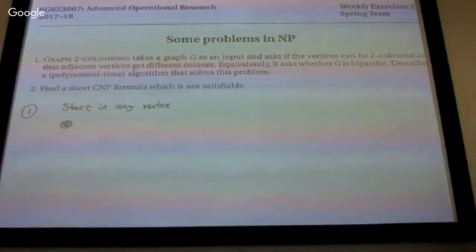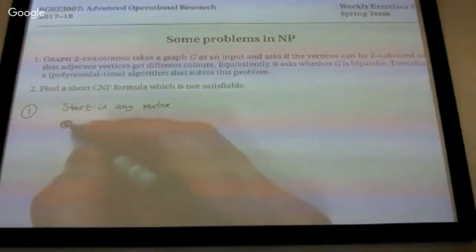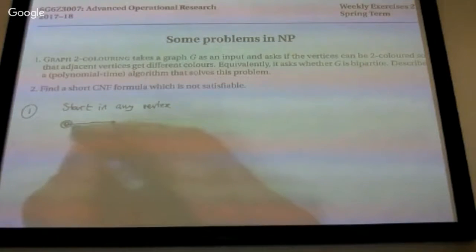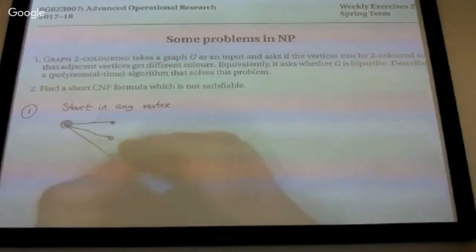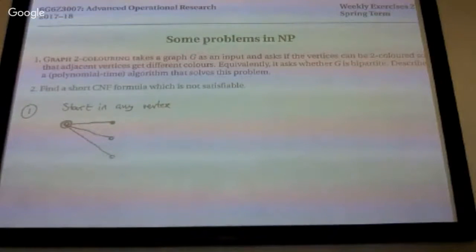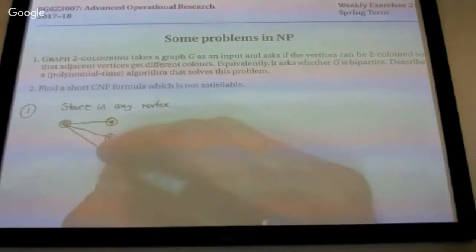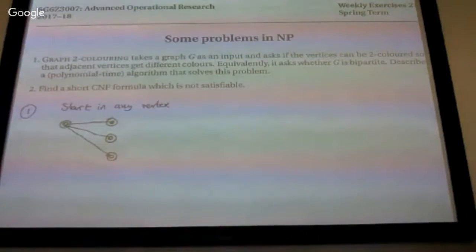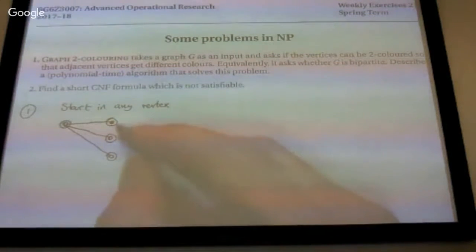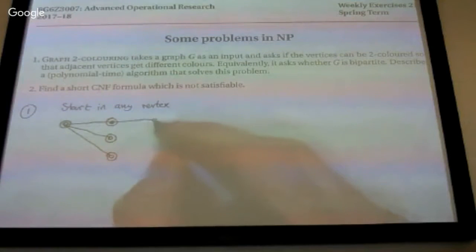I don't think Mary's volunteering any information. Okay, so next, obviously, when you look at all the neighbors of this vertex, you don't know how many there are, but all of them have to get the other color. Now red. So far, so good. Now, the problem is that you have some neighbors there.